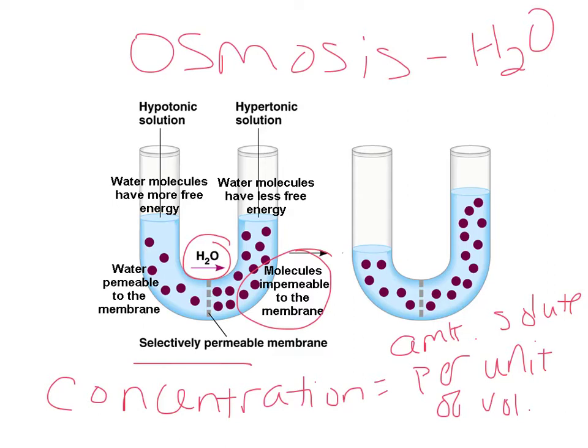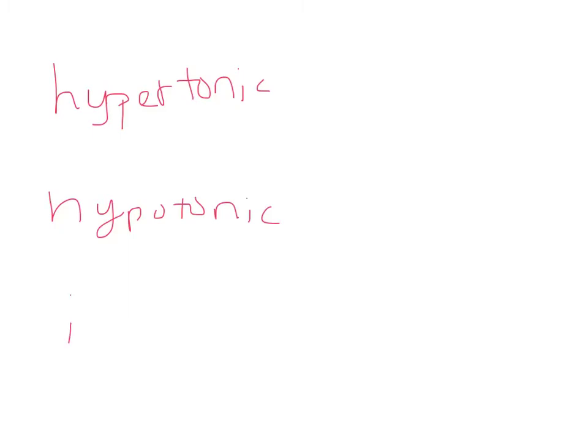So let's talk hyper, hypo, and isotonic for just a second. Remember, we had three basic types of solution: hypertonic, hypotonic, and isotonic. These refer to the concentration of our solution.